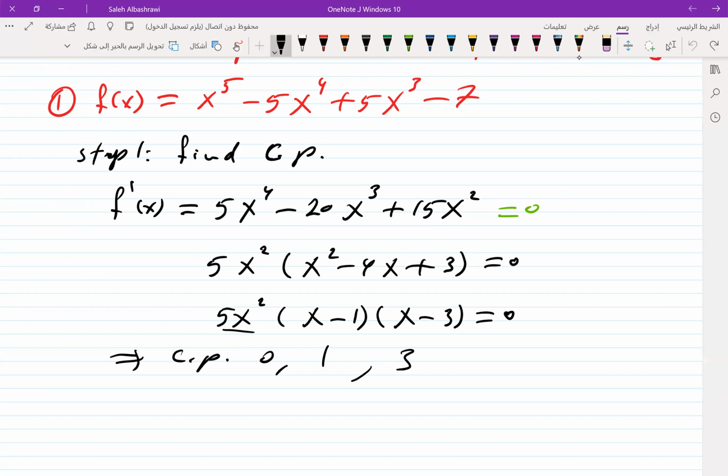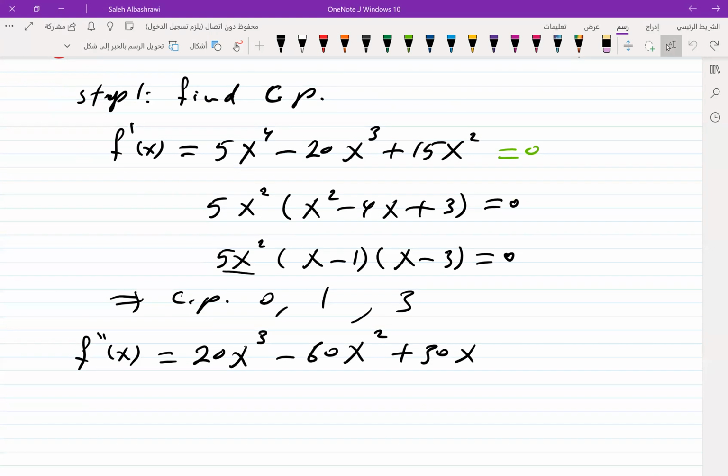Now for the second derivative test, we have to find the second derivative. Differentiate for the second time. I will have 20x to power 3 minus 60x to power 2 plus 30x.